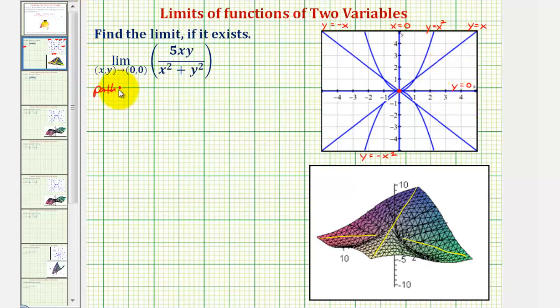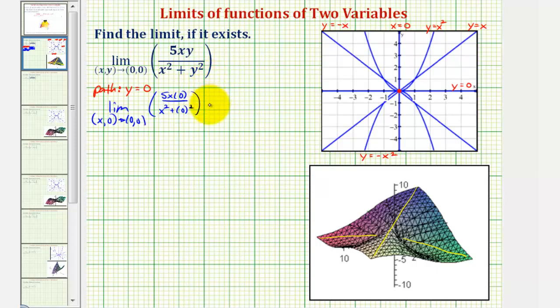So for the path along the x-axis, or y equals 0, we'll substitute 0 for y in our limit. So we'd have the limit of x comma 0 approaches 0 comma 0 of, again we're substituting 0 for y, so we'd have 5x times 0 divided by x squared plus 0 squared.